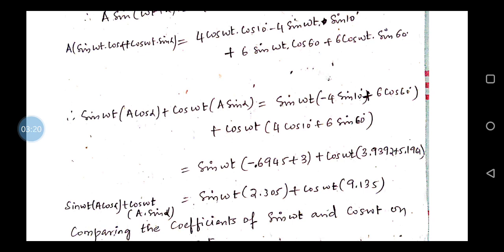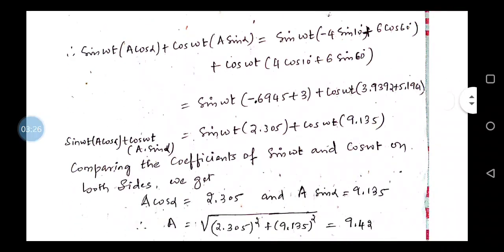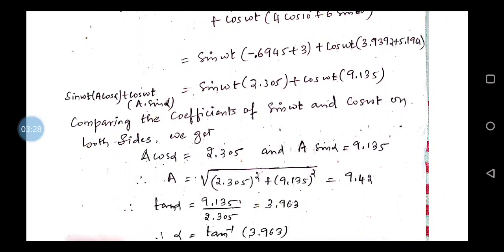Substituting the values of sin 10 degrees, cos 60 degrees, cos 10 degrees and sin 60 degrees, we arrive at the equation sine omega t into A cos alpha plus cos omega t into A sin alpha is equal to sine omega t into bracket 2.305 plus cos omega t into bracket 9.135.